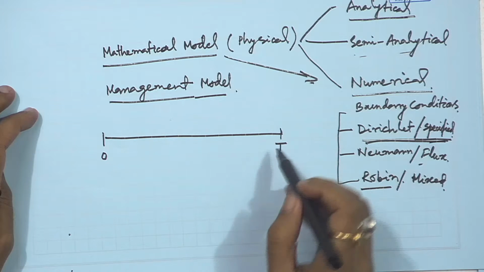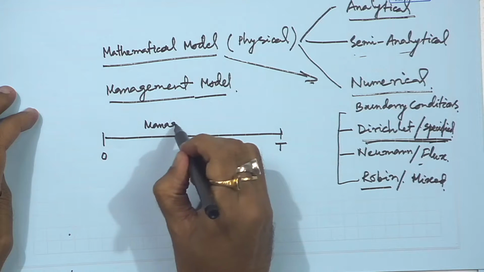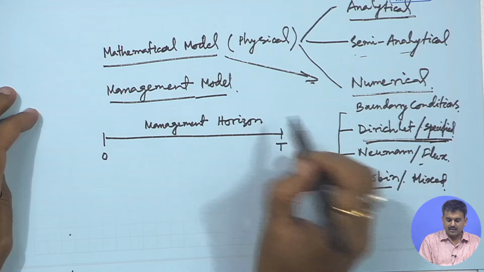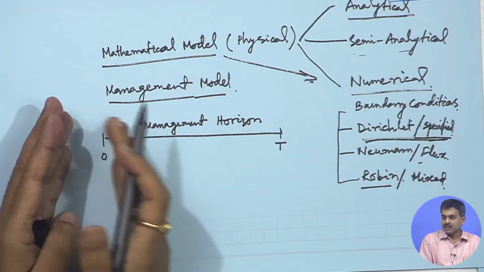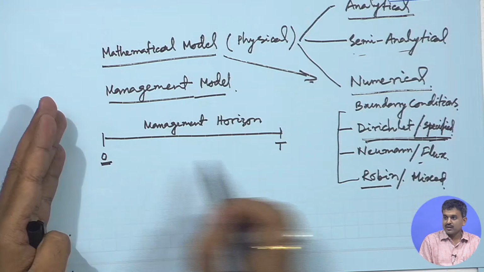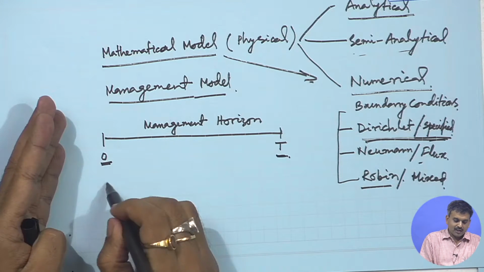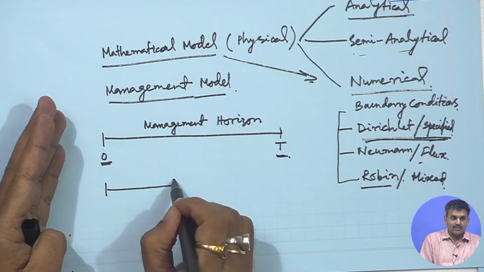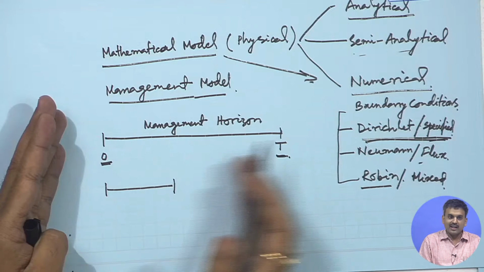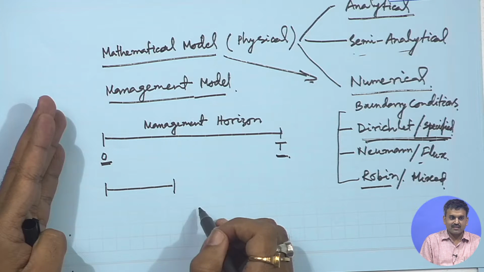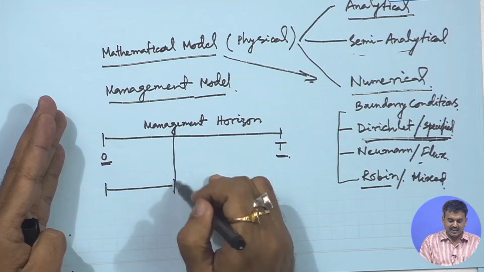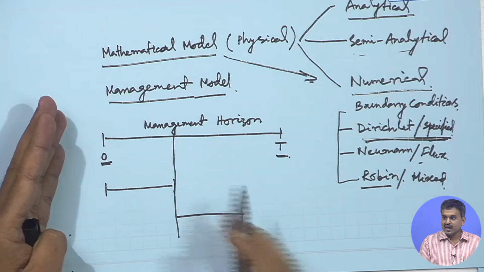So you can have your management horizon, which is the total time between this 0 and this capital T. Now, in this case you can construct a model which is just equal to that time or less than that, and you can calibrate this, and with available information in future you can update that model, and again extend it.